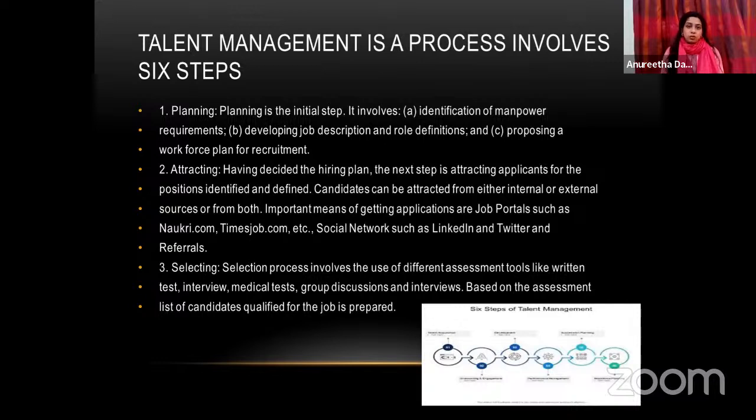If you're not able to provide attractive features, like these portals such as Naukri.com and all the social networking sites like LinkedIn, Twitter, referrals, all these websites and apps are providing you a purpose: why you need to upgrade yourself on this particular site, what you get in return, and what good companies can come for your benefit.